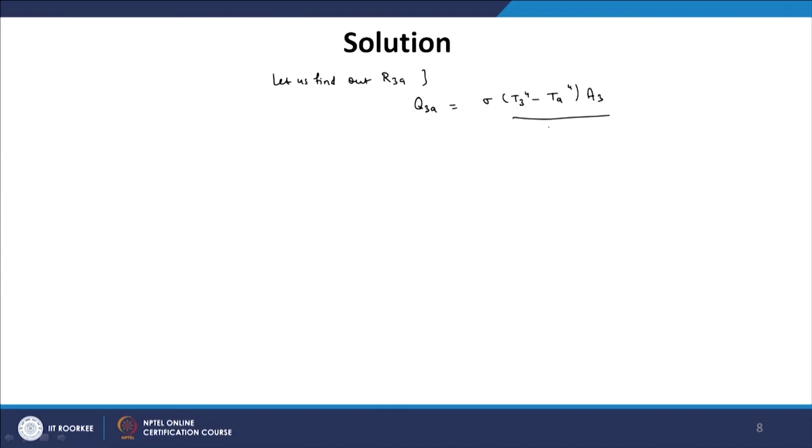So, this is the top surface. This is the radiation part, the heat transferred from the top surface through radiation, and definitely we have to multiply by epsilon 3, the emittance, plus the convection part which will be equal to H A3 T3 minus Ta. This is the convection part.